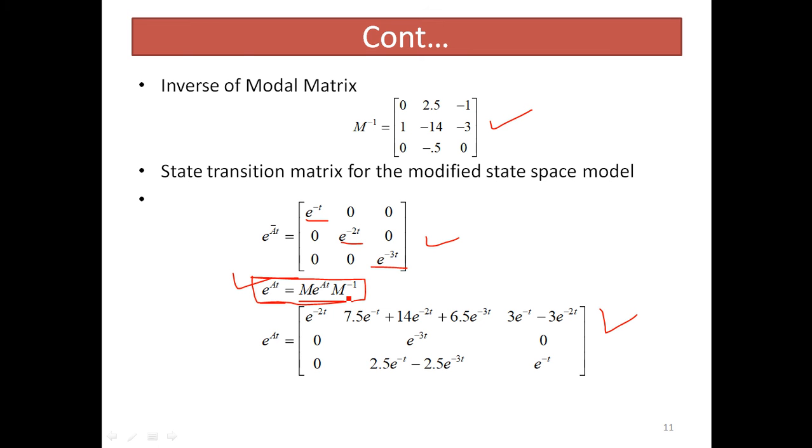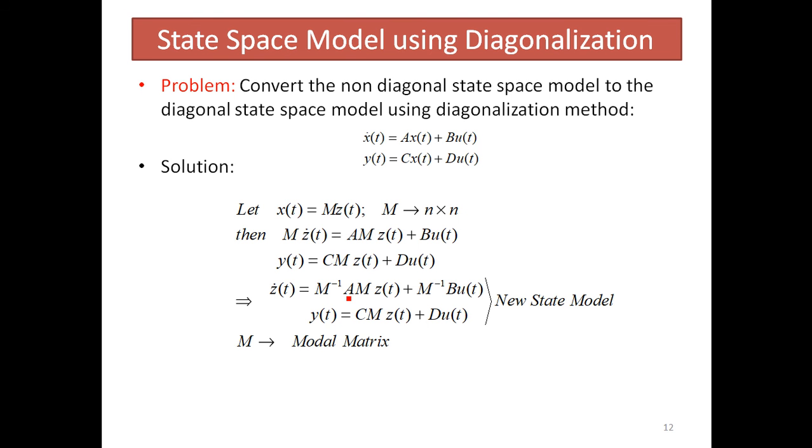Now, the next aspect we are taking is: if you have a state model, how would the state space model be determined using the diagonalization method? Again, you have to take x(t) equal to M z(t), where z(t) is the new state vector.